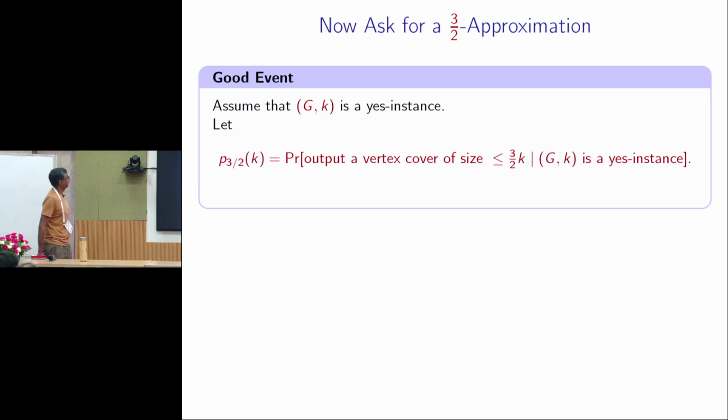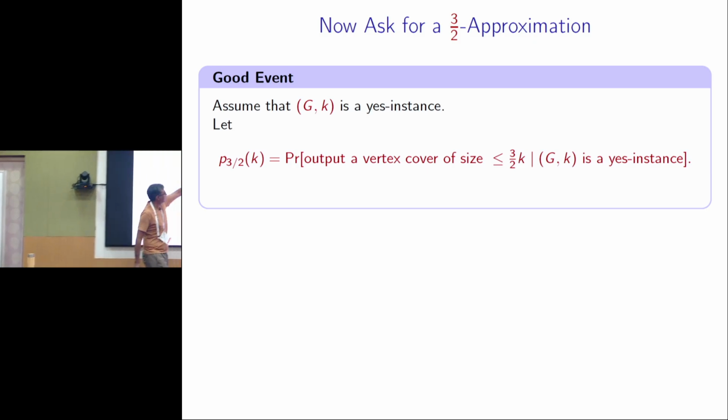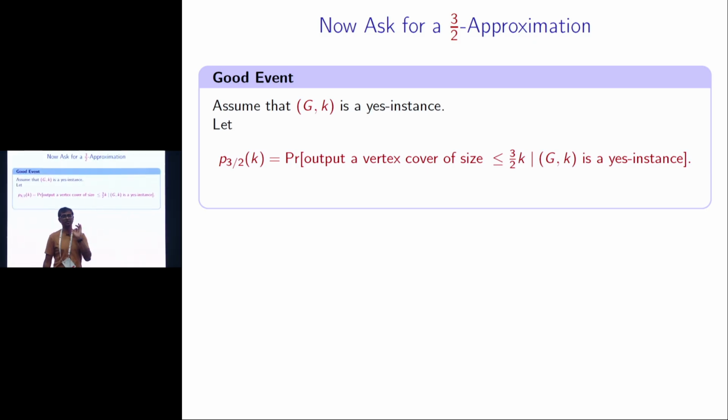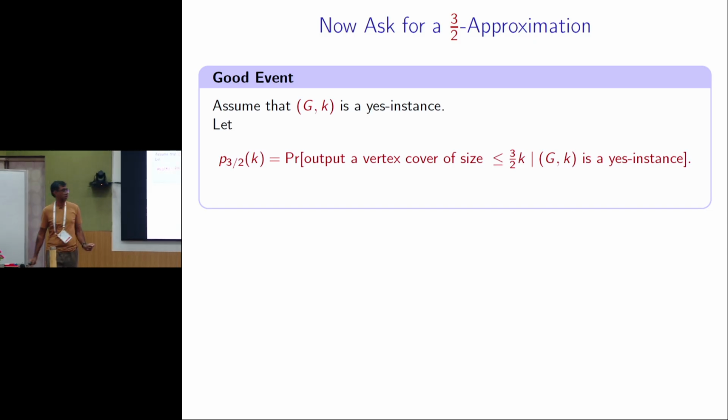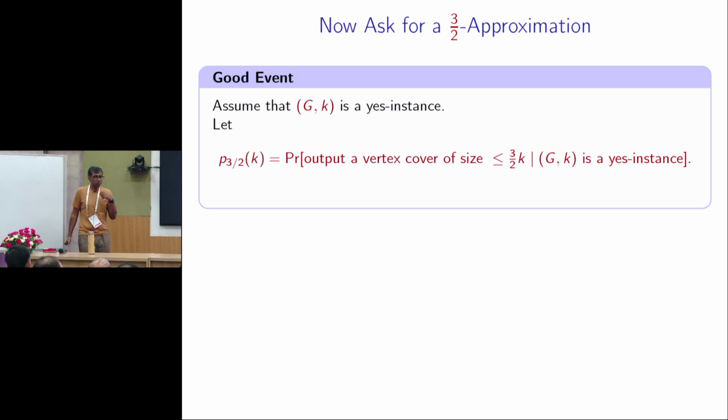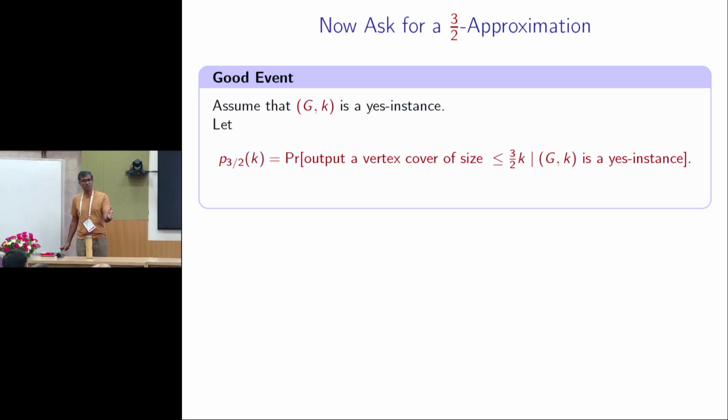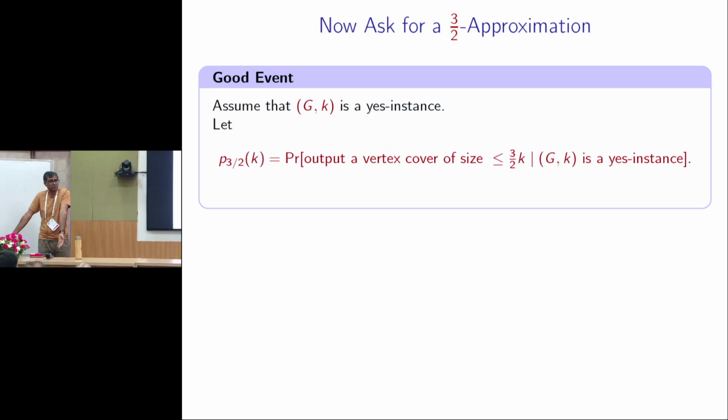Okay, suppose I wanted to ask for a 3/2 approximation. Then what I'm asking is that you output a vertex cover of size at most 3/2 k, given that (G, k) is a yes instance. That is what I'm interested in, if this random walk is there. Now I don't even know how to think about the number of steps, because the number of steps doesn't correspond to the size of the solution.